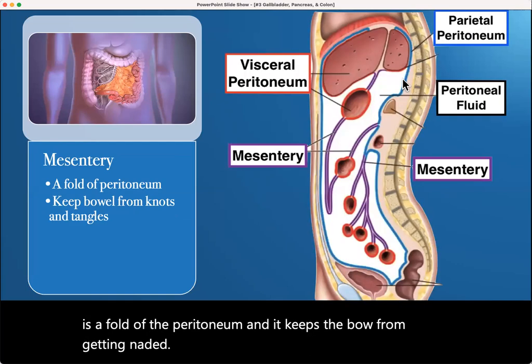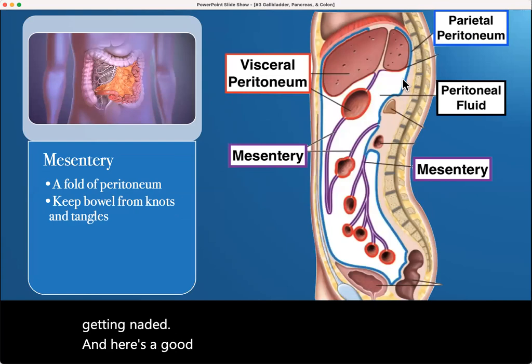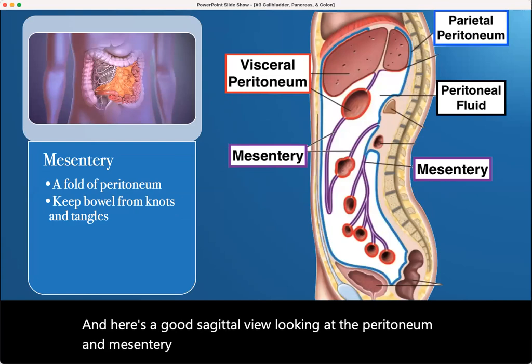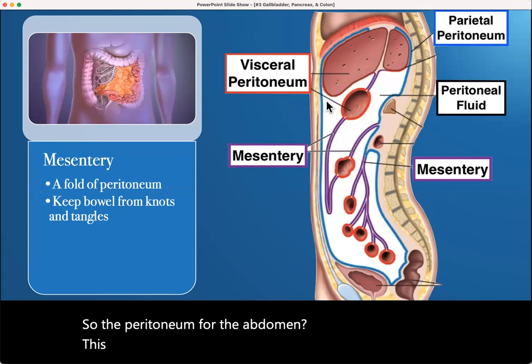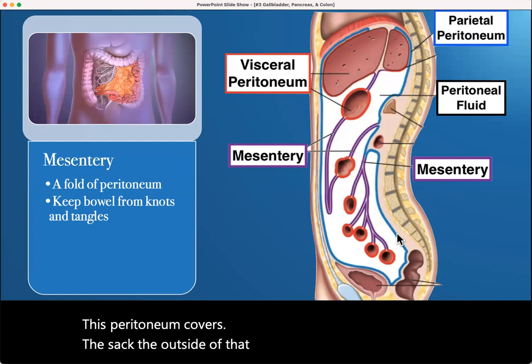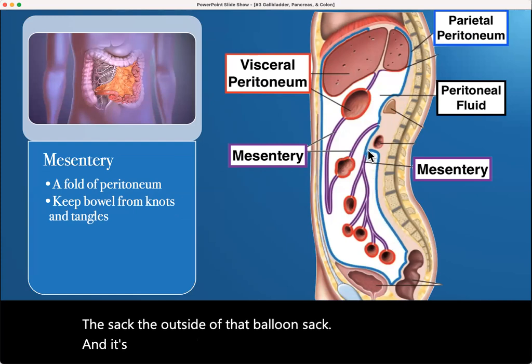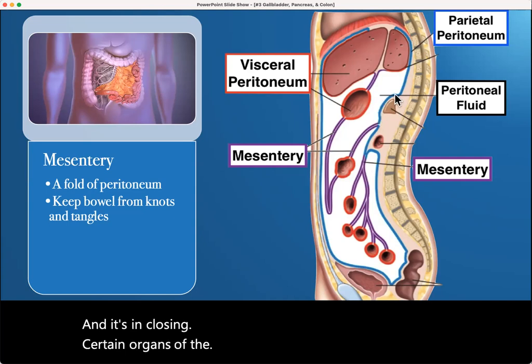And here's a good sagittal view looking at the peritoneum and the mesentery. So the peritoneum for the abdomen covers like the sac, the outside of that balloon sac. And it's enclosing certain organs of the abdomen, but not all.